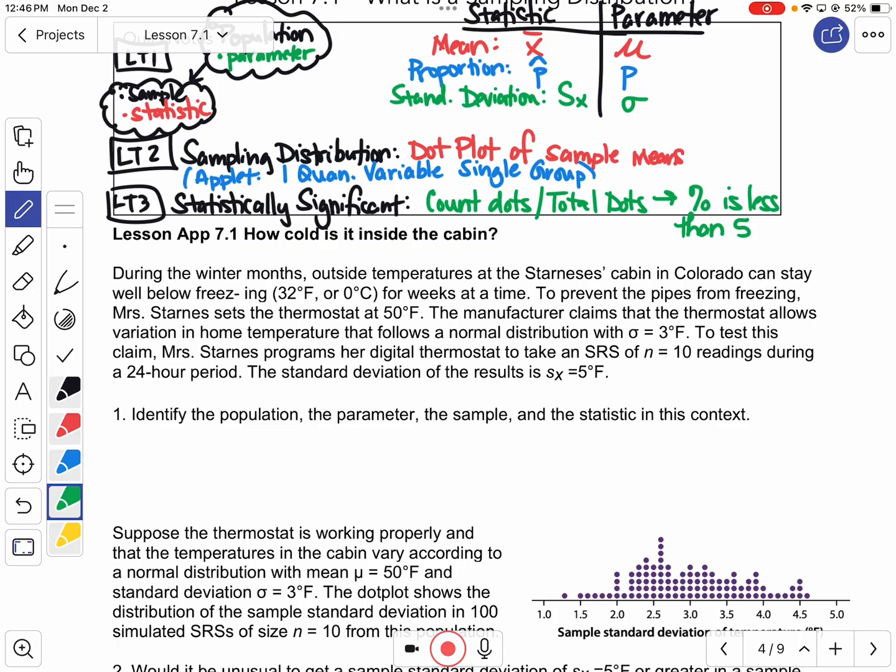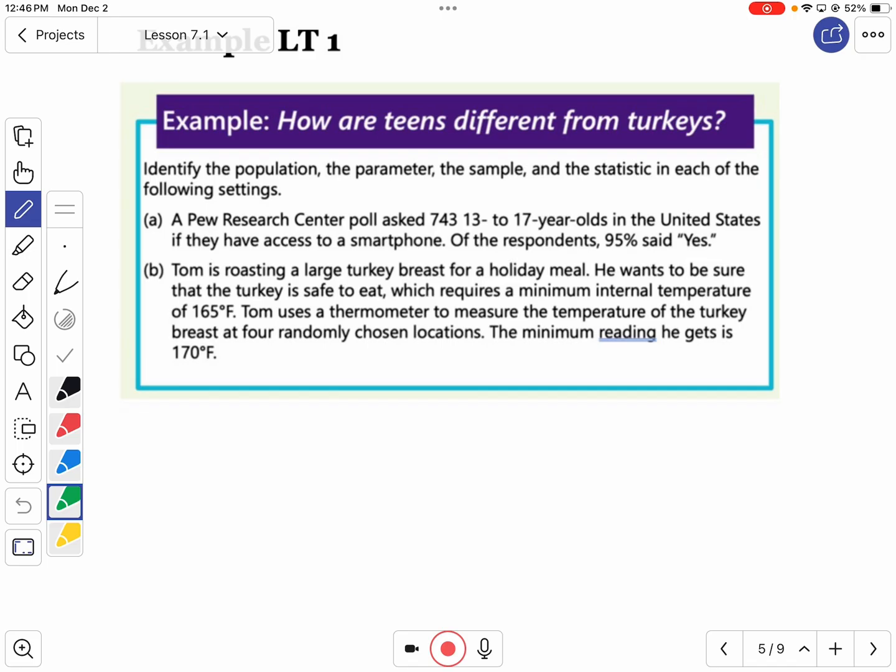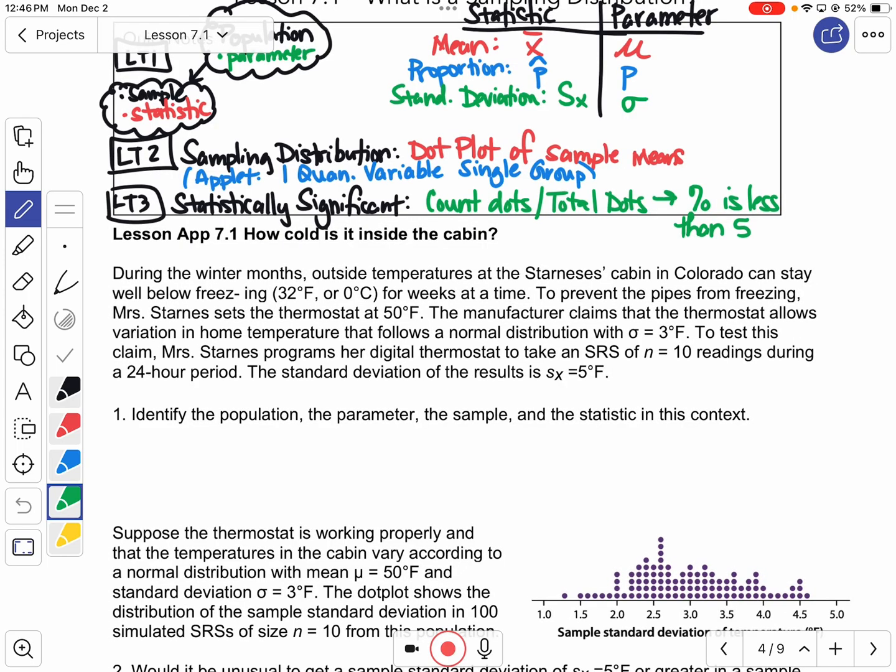The manufacturer claims that the thermostat allows variation in home temperature that follows a normal distribution with a standard deviation of 3. To test this claim, she programs her thermometer by taking an SRS, which stands for simple random sample, of 10 readings during a 24-hour period, and the sample standard deviation is 5 degrees.